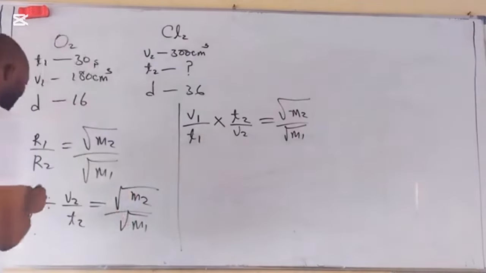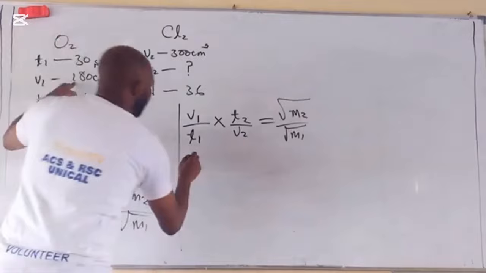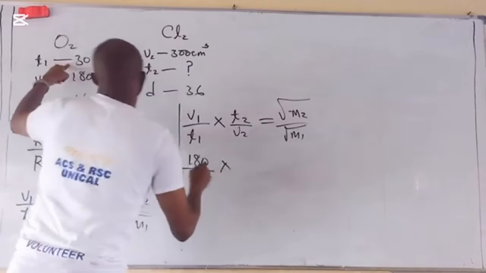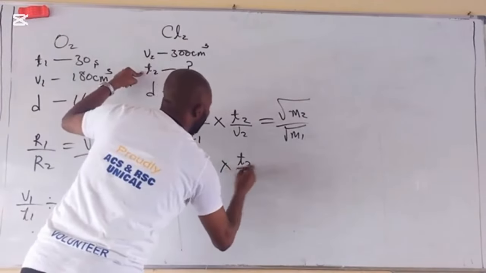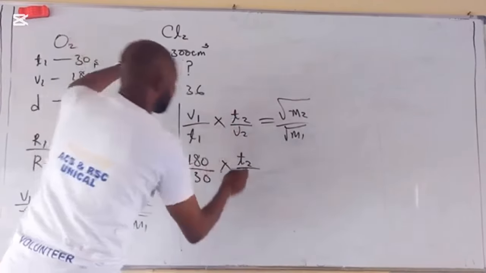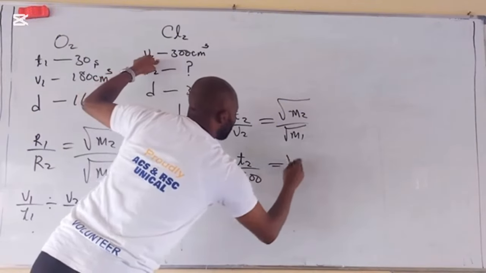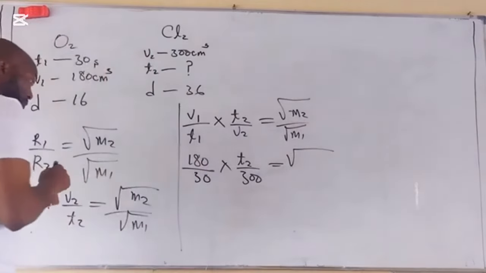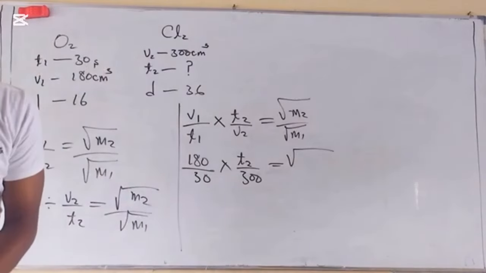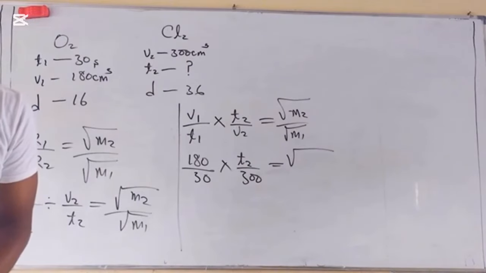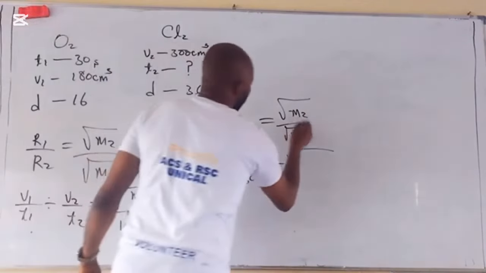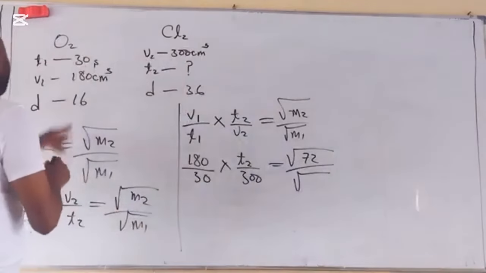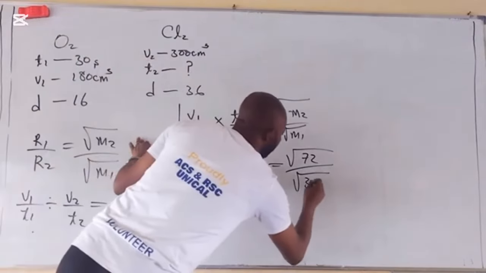Now, what's V1? V1 is 180 cm3 over T1 is 30, times T2, which we are looking for, over V2, which is 300. This is equal to the root of M2, which is 36 times 2, that is 72, over the root of M1, 16 times 2 is 32.